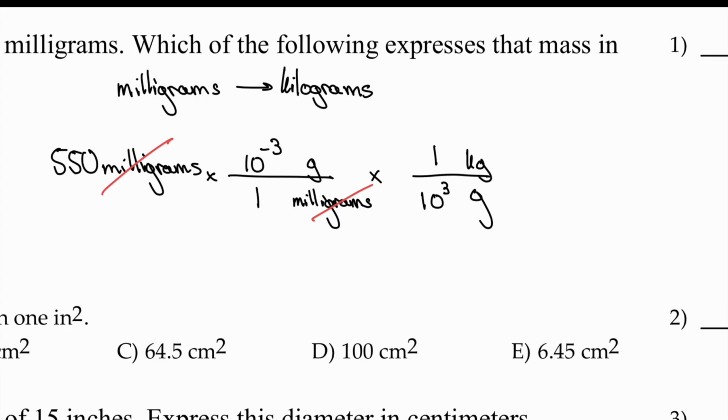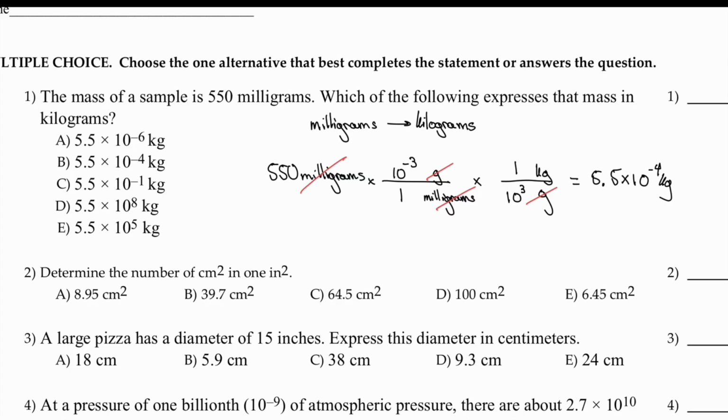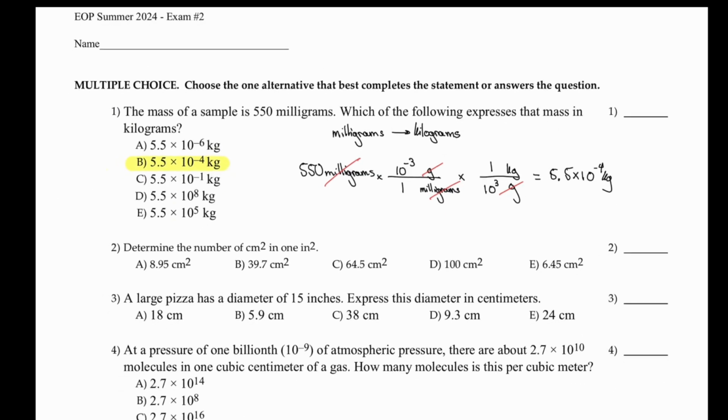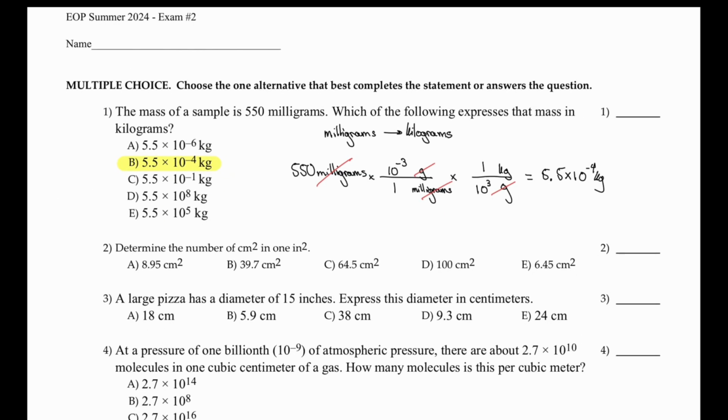Now let's cross out our units. Now we're left with just kilograms, and if you solve this, our units are going to be kilograms. So our answer is going to be 5.5 times 10 to the negative 4 kilograms.